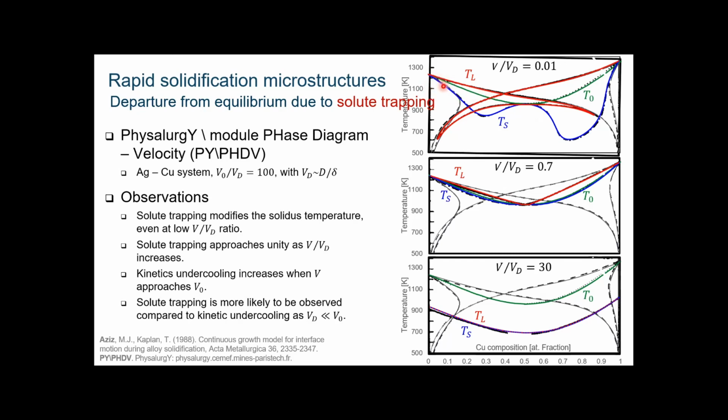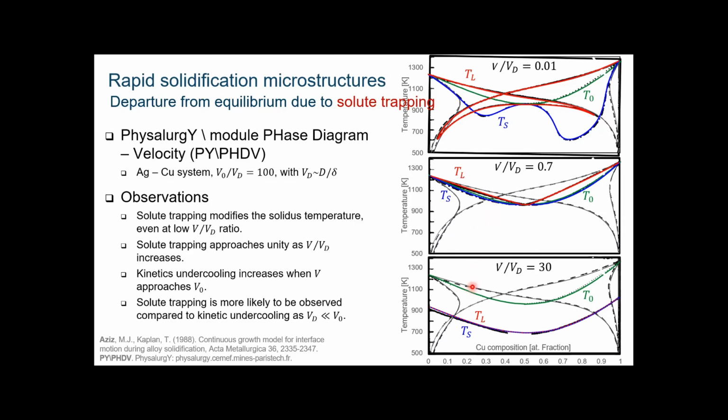Here in this region, the solidus also is superimposed, but not in this region here where you have this metastable solidus line. It's a retrograde solidus line. And when you increase the velocity, the liquidus and the solidus line merge together toward the green curve, which is the T0 line. And you finally have almost no segregation, which means the segregation coefficient is equal to 1.